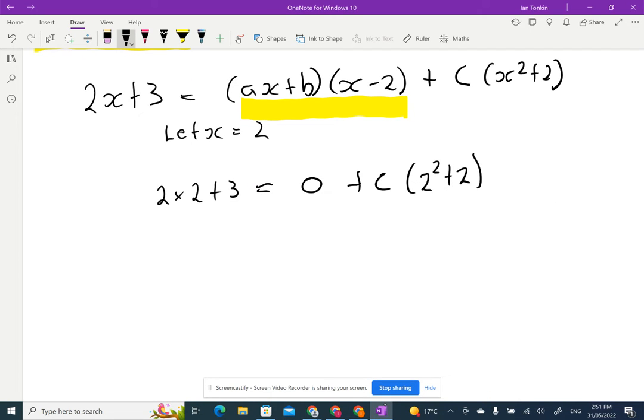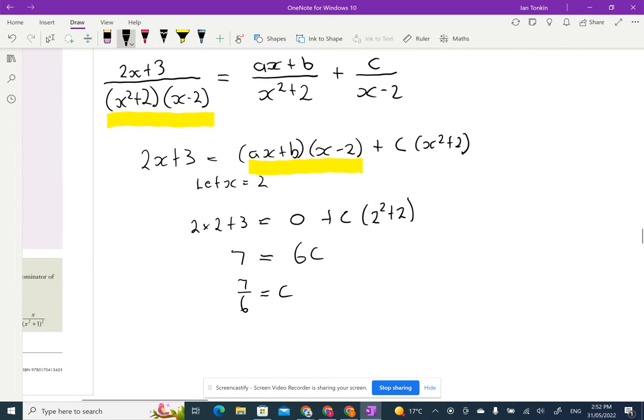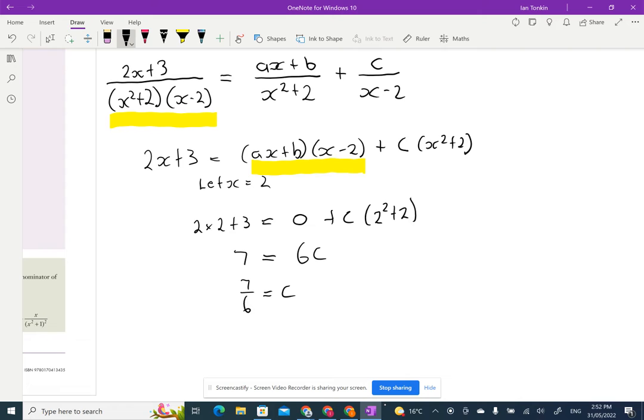So I get 7 equals 6c, so 7 over 6 equals c. Now, to find the second part, a and b, we're going to expand.